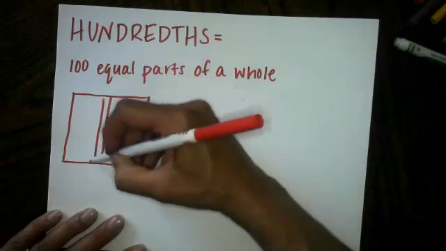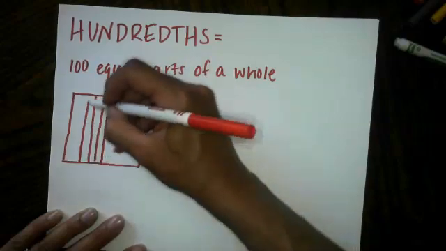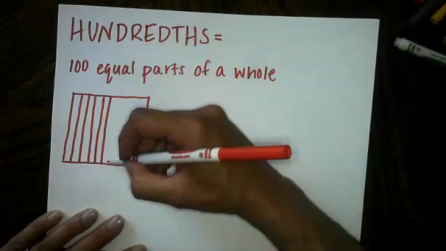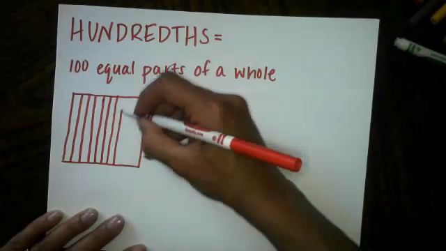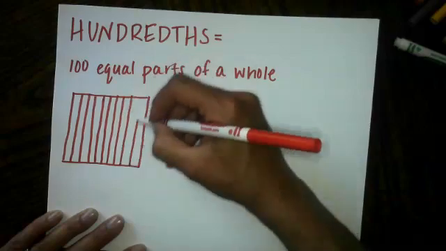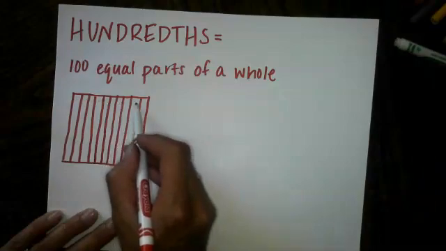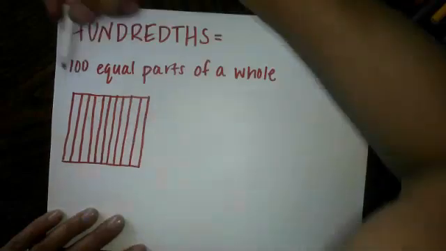Okay, I'm going to do my 10 equal parts to start. All right, so that is 1, 2, 3, 4, 5, 6, 7, 8, 9, 10 equal parts. I just do the same thing going in this direction now.